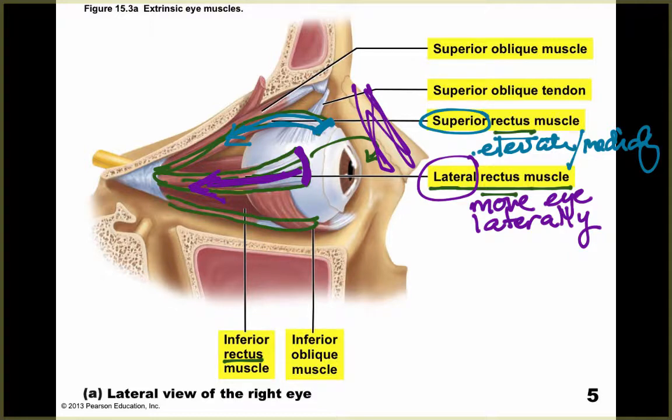Now, if you go towards the bottom, this guy again here is going back, so it's a rectus, and it's on the bottom, so it's inferior. And so if this guy pulls, it's going to help move the eye so that it depresses the eye.